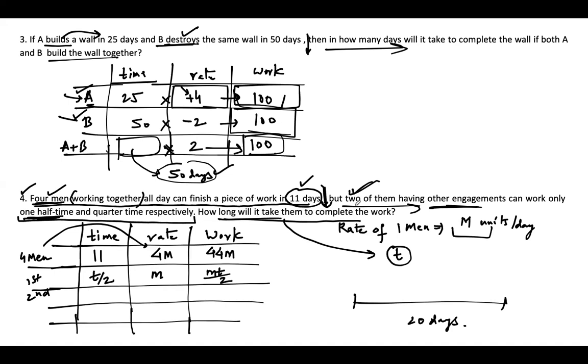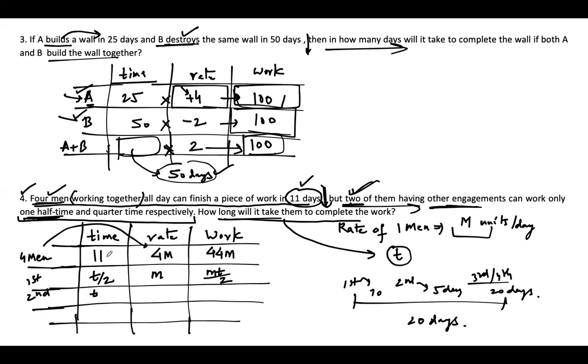Then the first person is working only for 10 days. The second person is working for 1/4 of this time, 5 days. And the rest of the two persons, the third and fourth, are working for the full time, 20 days. Okay.